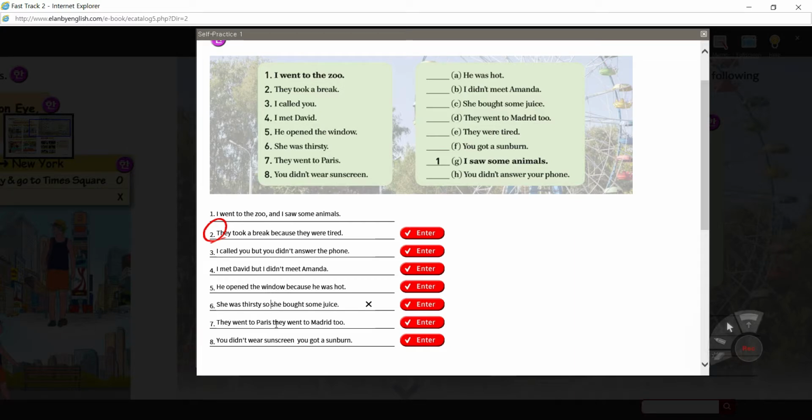They went to Paris. They went to Madrid too. So we're talking about maybe an additional place they went to. So they went to Paris and Madrid. That sounds like a better sentence, but we're just joining the 2 sentences now. The final one, you didn't wear sunscreen, you got a sunburn.